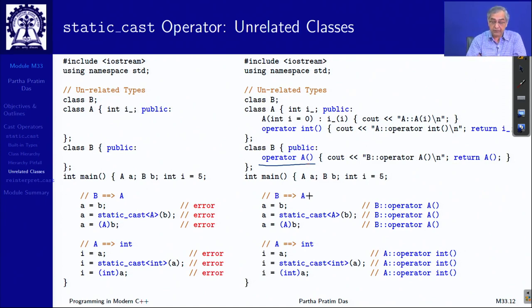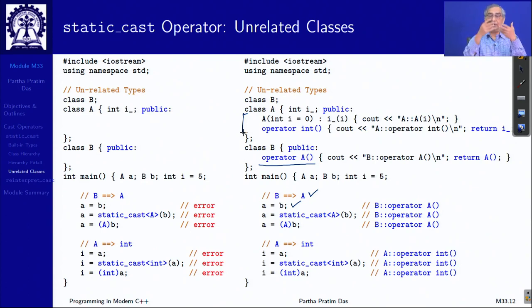So, given this, if you want to do this conversion, even the implicit conversion would be allowed, because it knows that you want to take a B object to an A object. So, what are the choices? One choice is that class A has a constructor which takes B as a parameter, which does not exist here. So, that path is ruled out. Second, it checks whether class B has provided A as a target type to be converted to.